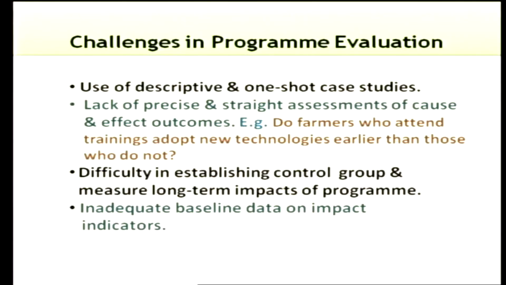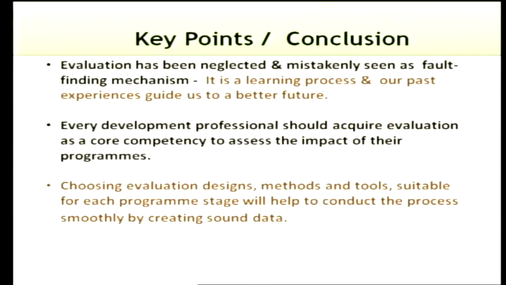It is difficult to establish control groups. And the last one is inadequate baseline data on impact indicators, because many times we neglect baseline studies and benchmark studies, therefore inadequate baseline data.